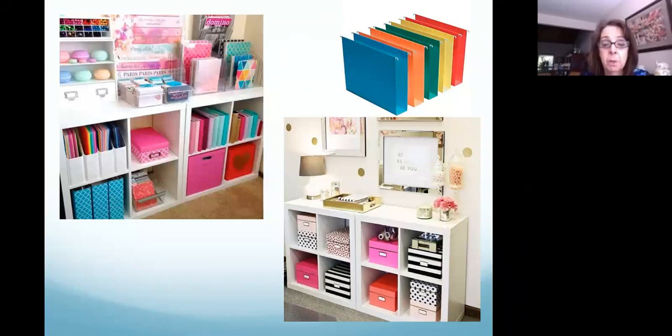I have some of these storage units and I have some straw baskets that I use, as well as I have some colored baskets and some black plastic baskets. So it's really just giving you something interesting to look at is more beneficial than if you had a cupboard and you tucked everything away in the cupboard and closed the door.